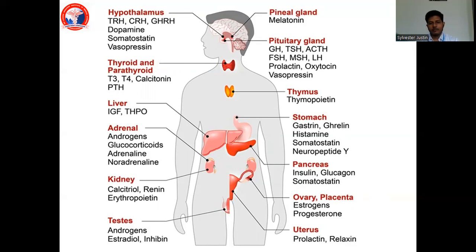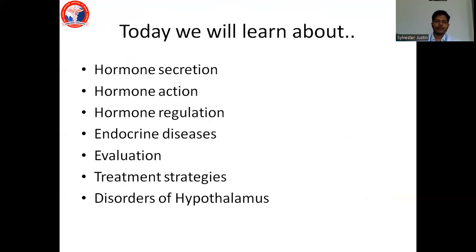Finally, we also have pineal gland, which secretes melatonin. So today we will learn about hormone secretion, hormone action, hormone regulation, endocrine diseases, their evaluation, treatment strategies, and we'll also discuss about hypothalamus in particular.